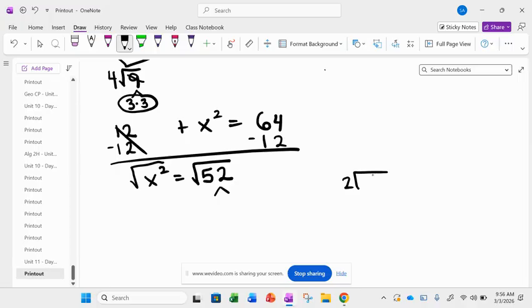I can say, okay, well, 2 goes into 52. So 2 goes into 5 twice. 2 times 2 is 4. Bring down the 2. 2 goes into 12 6 times. So I can break 52 down into 2 and 26.